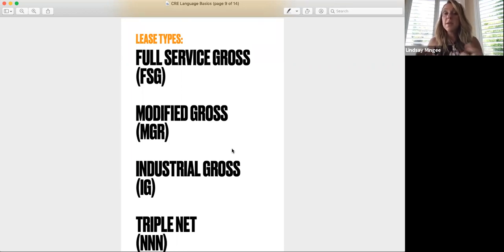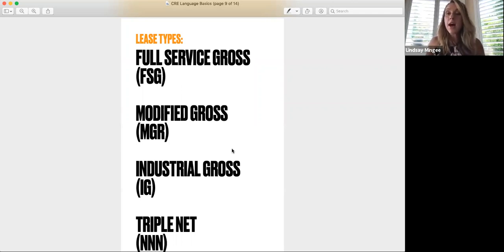The reason is because full service, I don't have to pay a separate electrical bill. My landlord pays for someone to come in and clean my accounting office 3 days a week or 5 days a week, right? In a modified gross scenario, that's not the case. And that is advantageous to some types of tenants. We talked about a church.